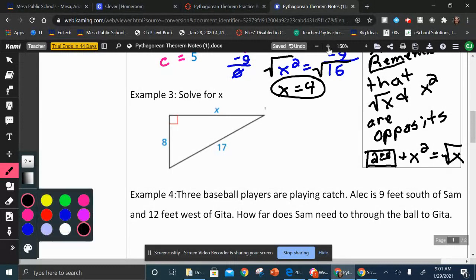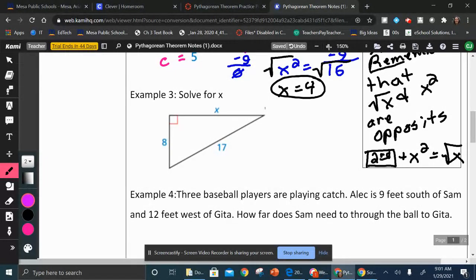So we have for this one, so remember diagonally across is c, okay? B is x, 8 is c. We're going to substitute it in to our Pythagorean theorem. A squared plus b squared is equal to c squared. Everybody write that down. Just helps your brain remember it. So we're going to have, sorry, this is a.